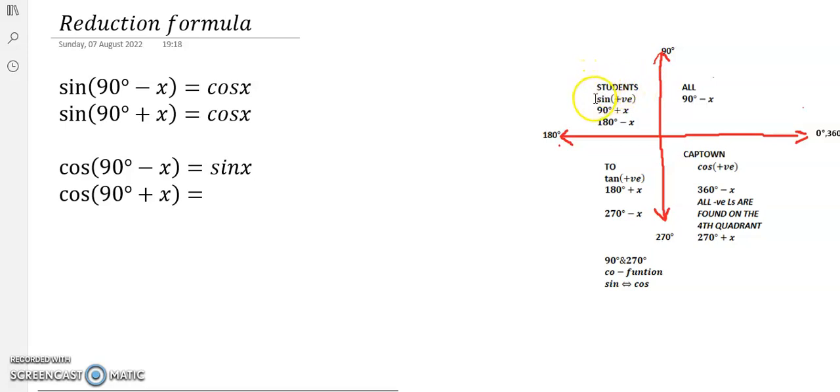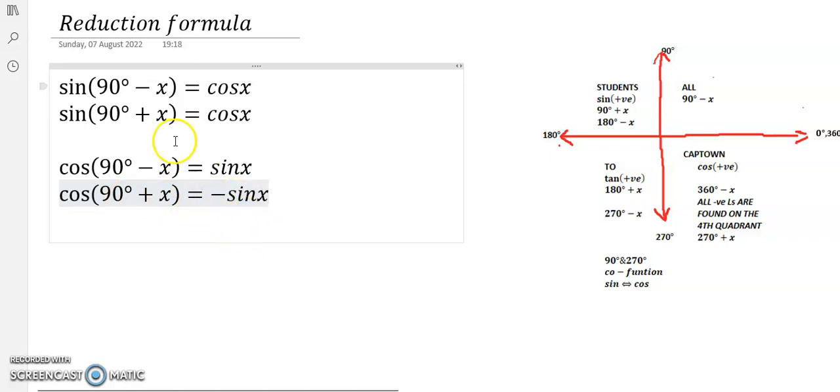It resembles sine, where only sine is positive, meaning that we will have negative sine. However, because we are dealing with 90 degrees, this will change to be sine of x, just like that.